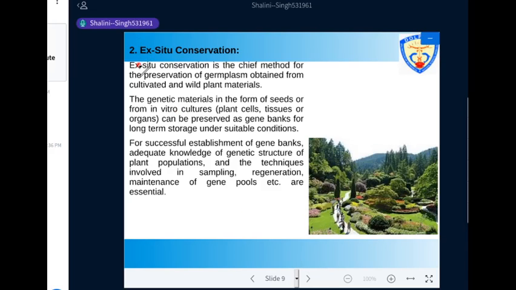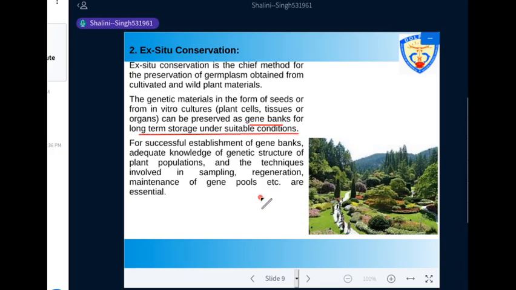Ex situ conservation is the chief method for the preservation of germplasm obtained from cultivated and wild plant material. Genetic material in the form of seeds or in the form of in vitro cultures like plant cells, tissues, or organs can be preserved as gene banks for long-term storage under suitable conditions.